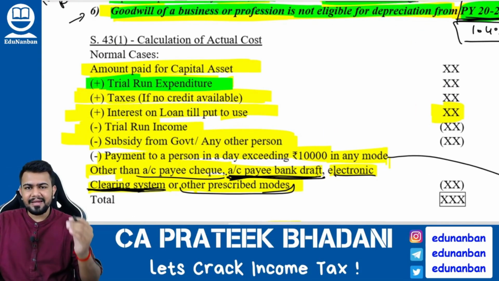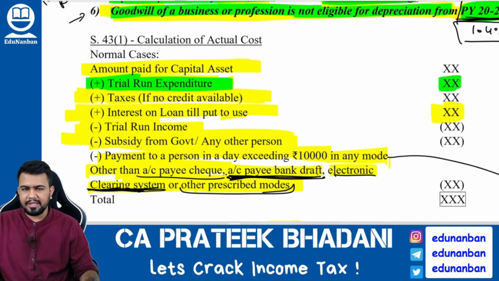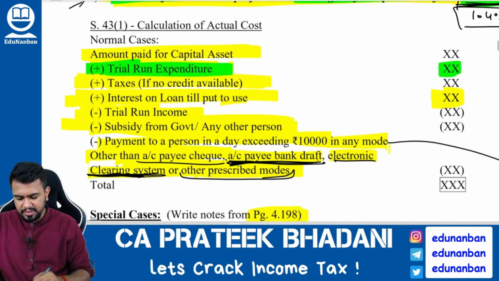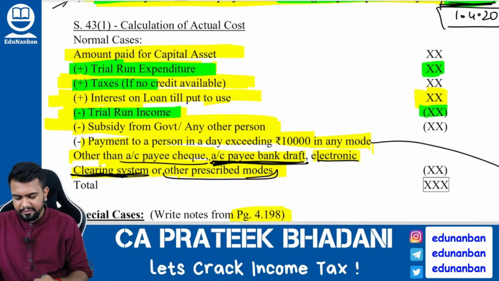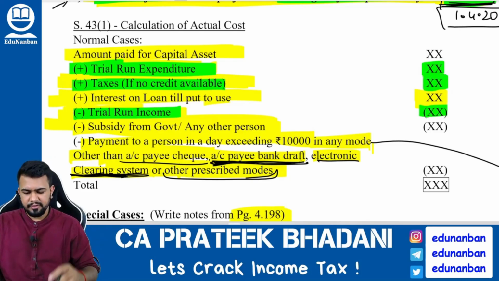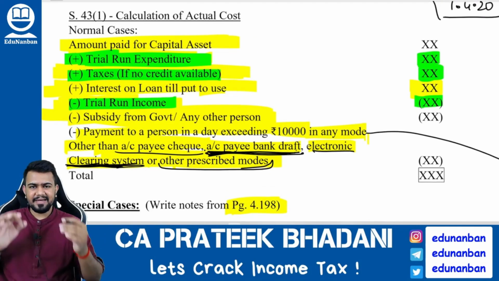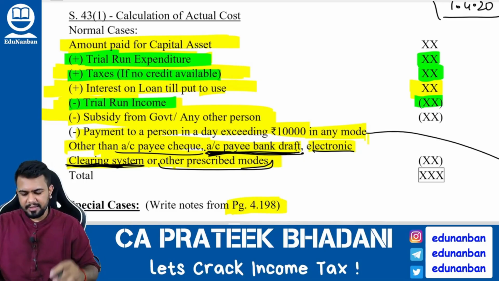If any trial run is done on the capital asset, then increase the value of trial run expenditure on the actual cost, reduce the value of trial run income from the actual cost. Then if there are taxes paid on that particular asset and if no credit is available, then include it in the cost. Fine. I told you if GST credit is available, don't include it. If credit is not available, include it in the cost.